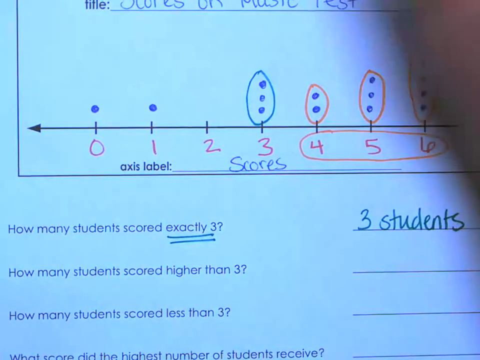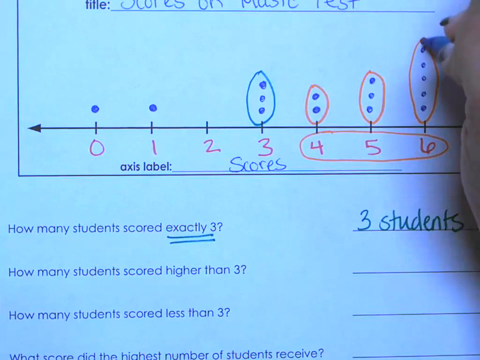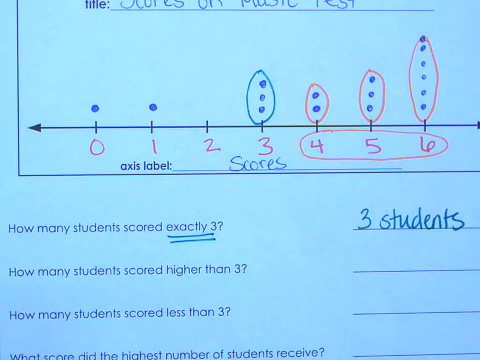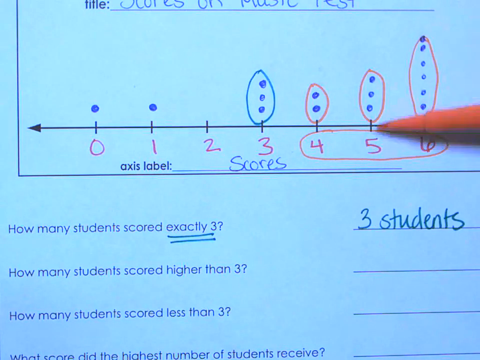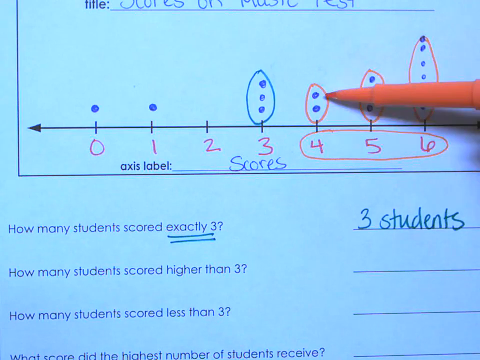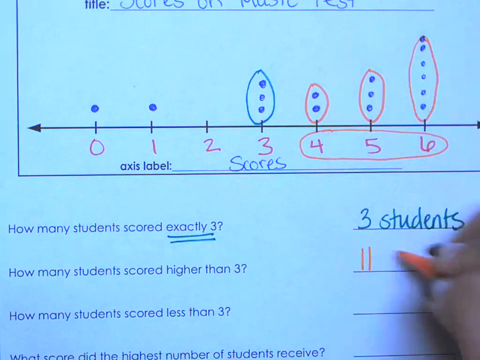I missed a 6 from up here, so there should actually be one more dot. See, it's always good to double check to make sure you've got everything. So when I add up how many students scored higher than 3, I have 6 here instead of 5. 6 plus 3 makes 9, plus 2 more makes 11. So that would be 11 students.